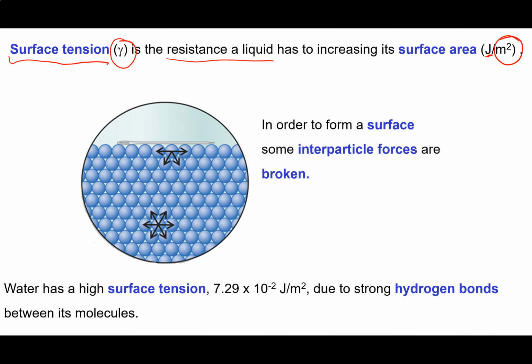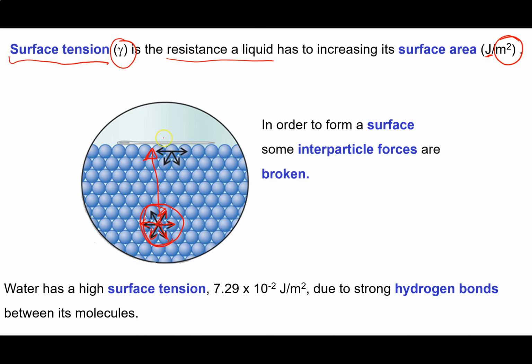Now you might ask, why does it take energy to make a surface? Well, when you look at a particle that is not at the surface, that's in a liquid, there are attractive forces acting on it in all three dimensions: forwards, backwards, upwards, downwards, everywhere, right? But when you take a particle and bring it to the surface, you have to break a whole bunch of intermolecular forces in order to make that happen.